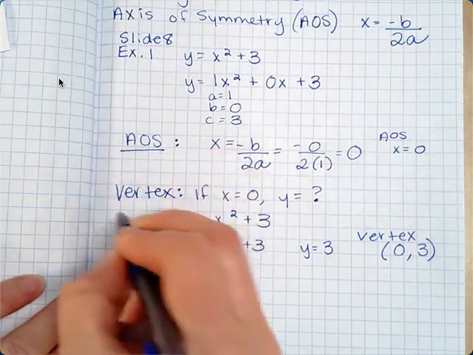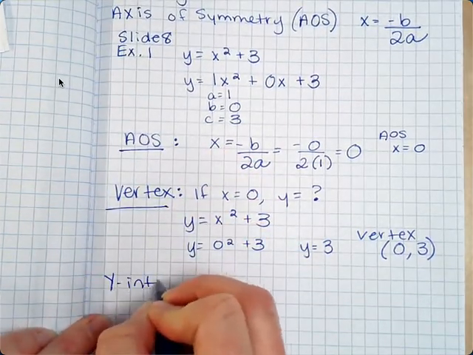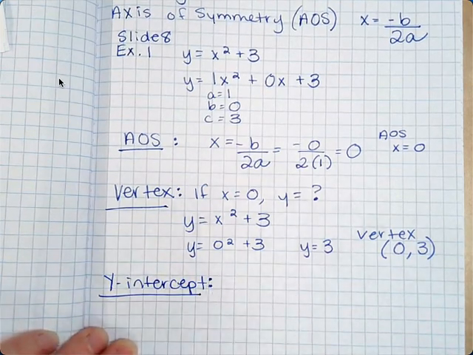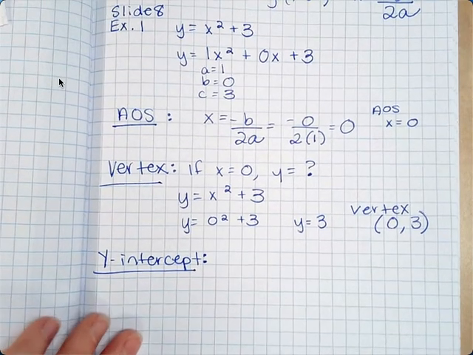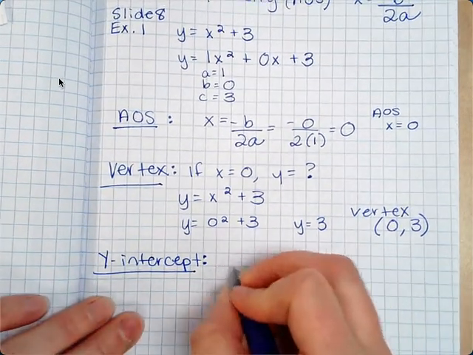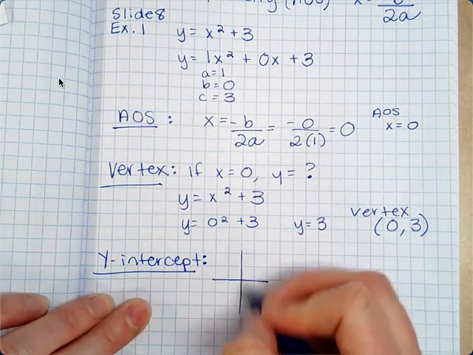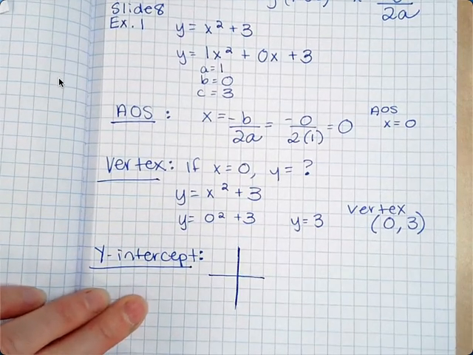Okay, so axis of symmetry, vertex. The next one is our y-intercept. Our y-intercept is when you have it on the y-axis, right? So where it crosses the y-axis.